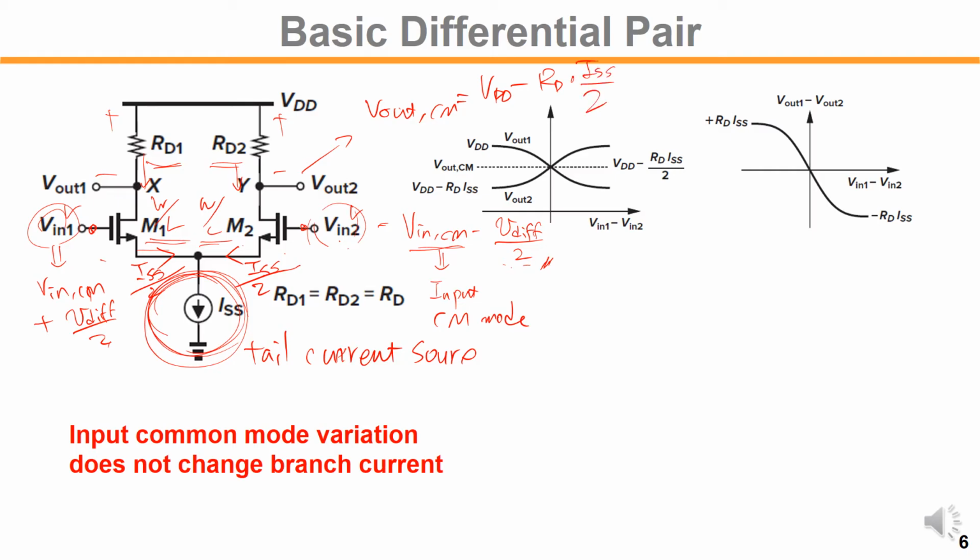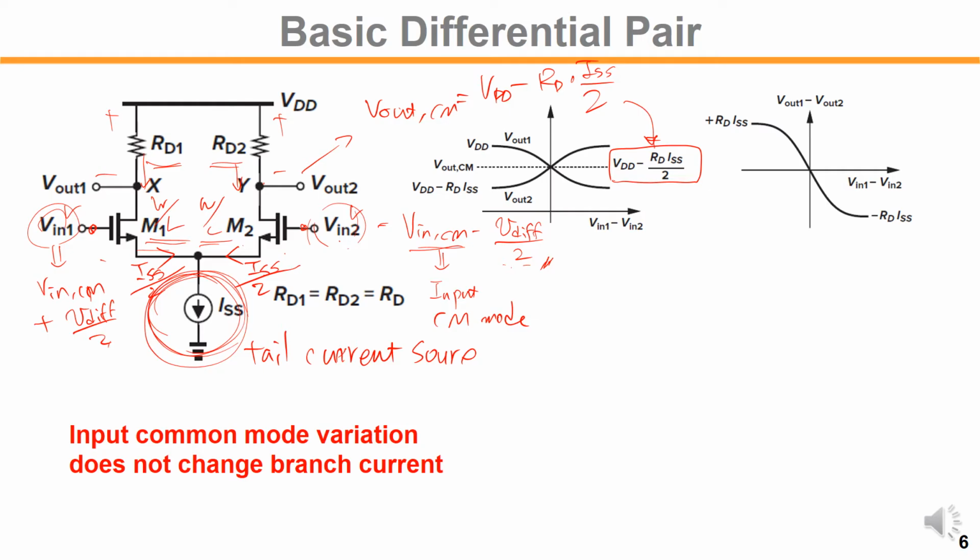That's where the output bias voltage is sitting. This is the level shown here. Now, this is at the biasing condition.